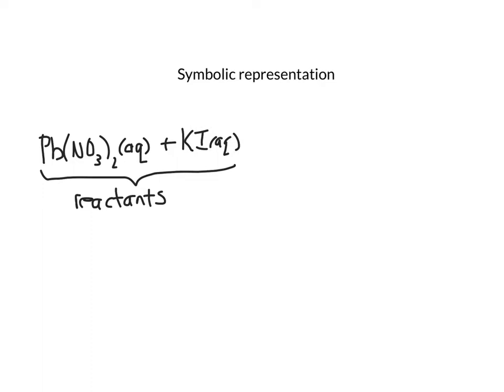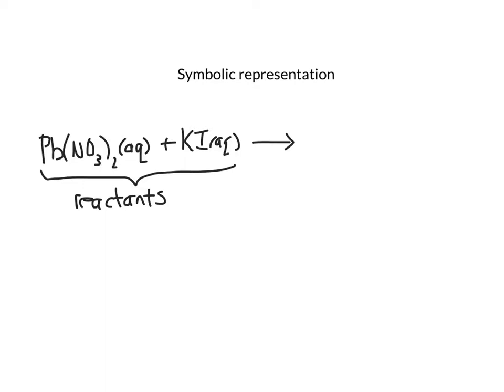And then something happened, so we're going to use an arrow to indicate that something has happened. And on the other side of the arrow, we're going to put the chemical symbols for the things that were made once we mixed those two reactants together, the products.